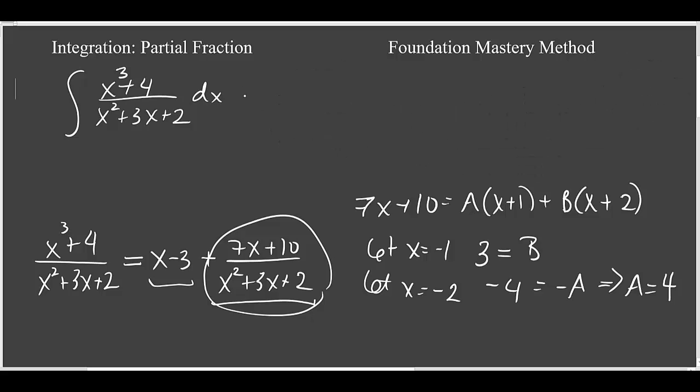So this means that the original integral that they gave us is the same as integrating x minus 3 plus, and now we had A over x plus 2, where A is 4, and B over x plus 1, where B is 3.